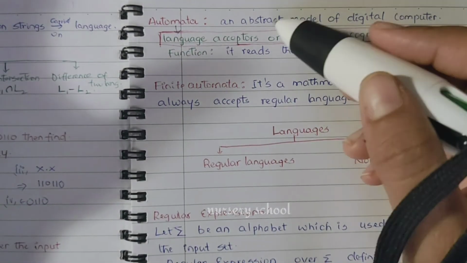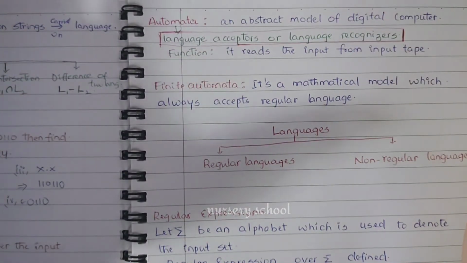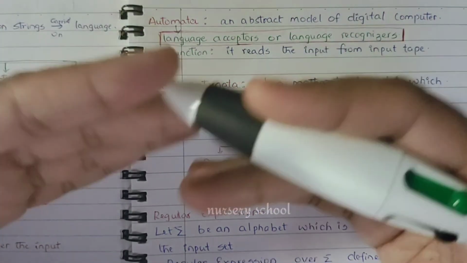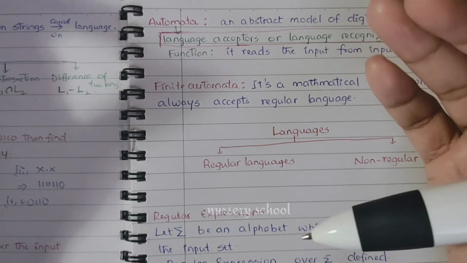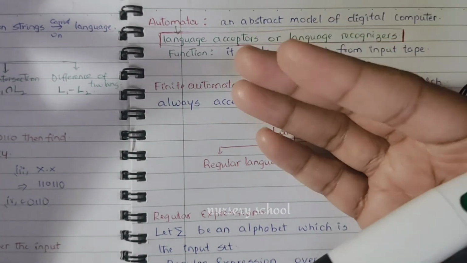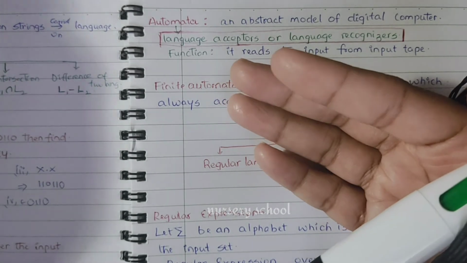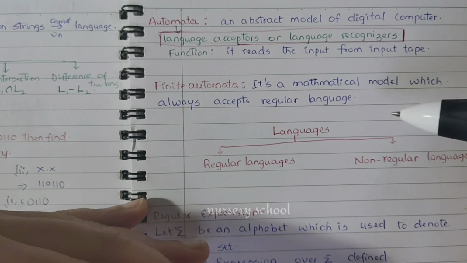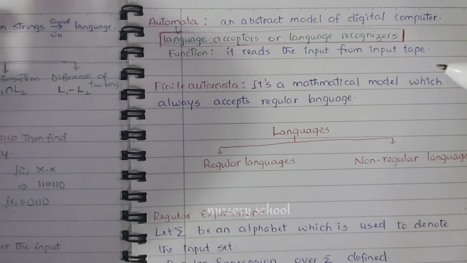The generic definition is that automata is an abstract model for the digital computer. It takes some input and produces some output. The input it accepts is a language, and we see whether that language is accepted by the automata or not. But in technical terms, it's a mathematical model which always accepts regular languages.